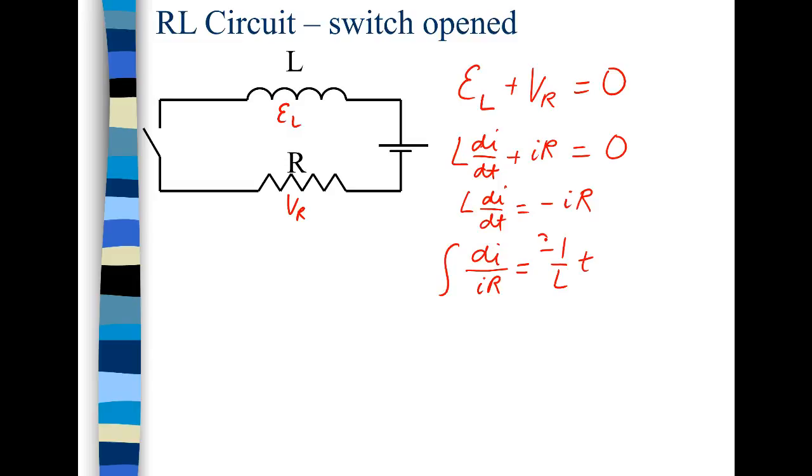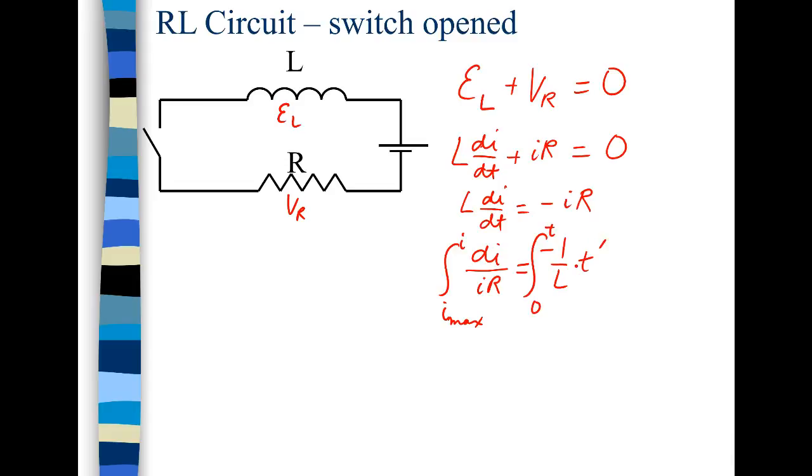And this time we have to be careful because we're not integrating from 0 to I max. That's going to give us issues. We're actually integrating from I max to I because we already have current when we first open the switch. And if we put in 0 for our lower bound on this integral, we would have some major issues with the math.